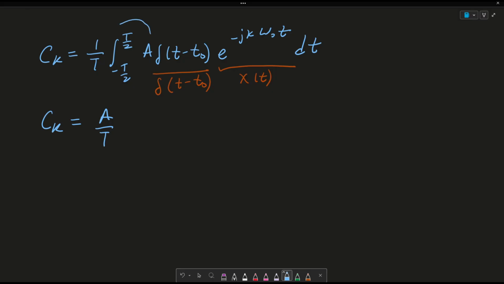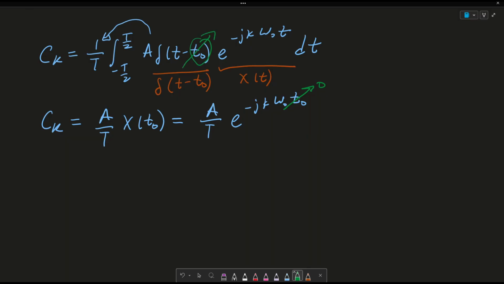I just went ahead and pulled this A outside, times X of T0, where X of T0, so this is A over T, X of T0 is simply e to the minus j k omega T0. So we know that T0 is 0, right?